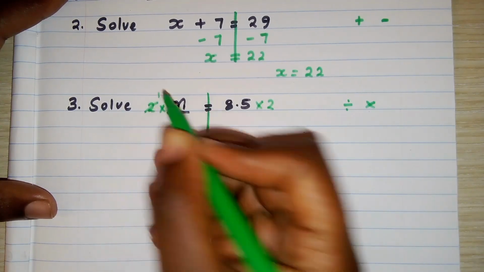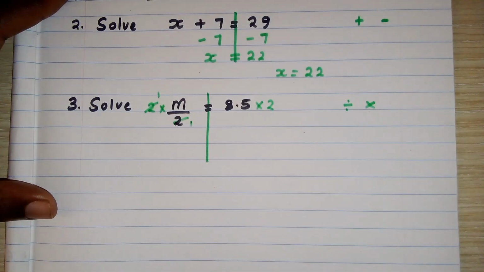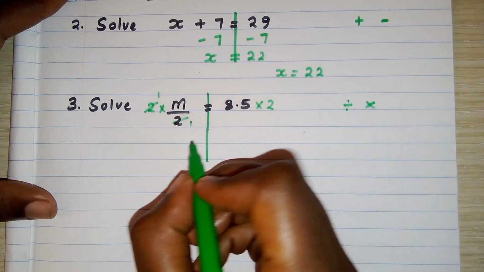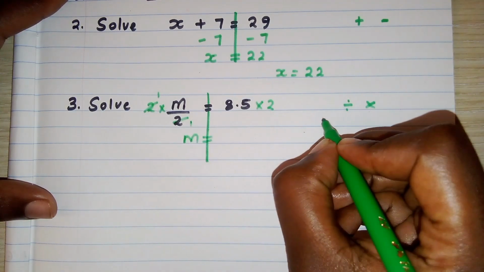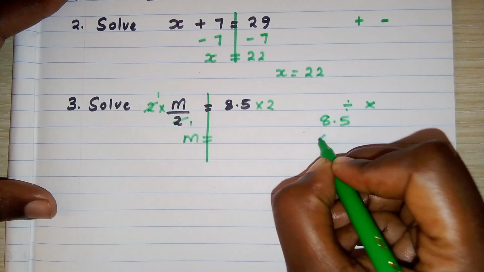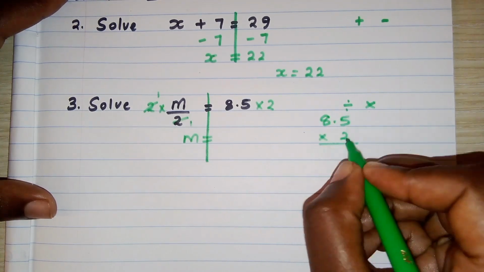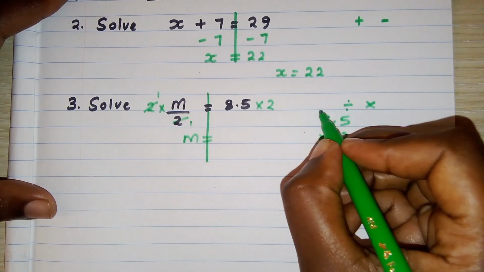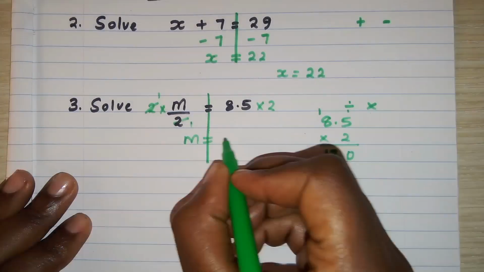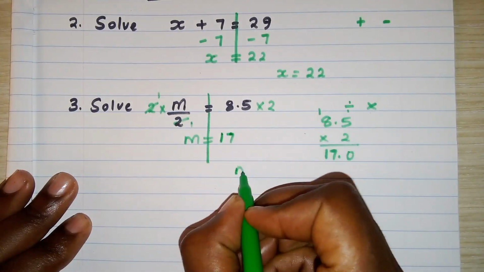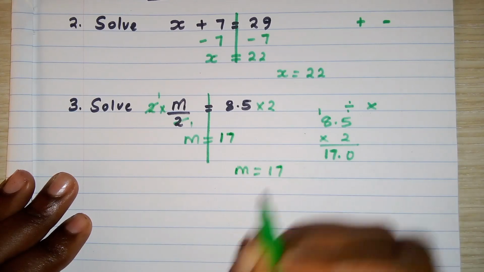So 2 divided by 2 is 1, 2 divided by 2 is 1. So this side we're left with m equals to 8.5 times 2. So 8.5 times 2. 5 times 2 is 10, so 0, carry 1. 8.5 times 2 is 17. So m equals to 17.